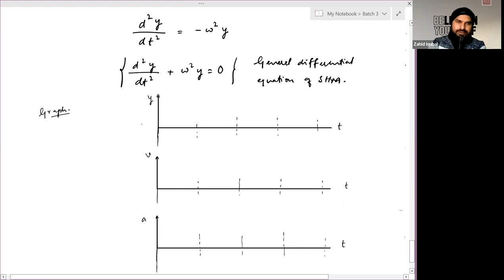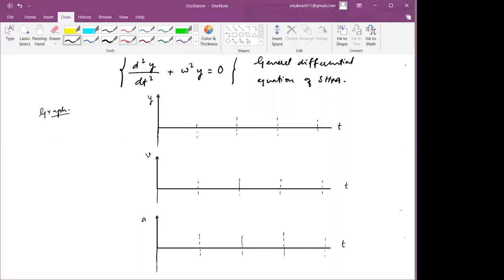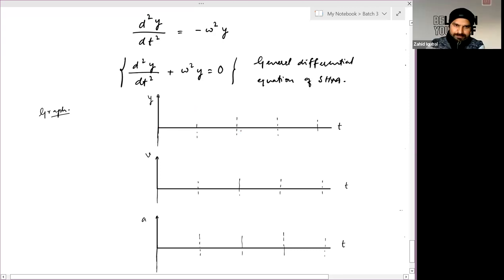For displacement, the equation is y equals a times sine omega t. So the curve related to displacement will be a sine curve, which will be like this. Sine curve.